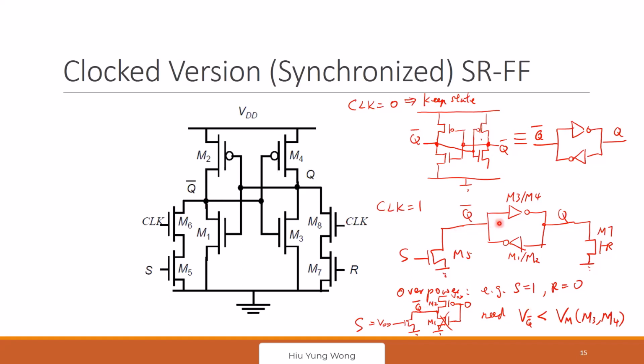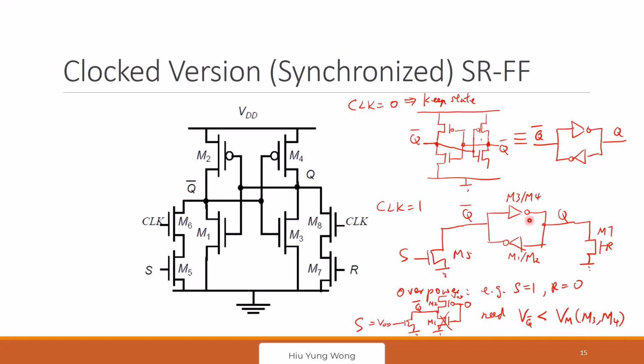So when I try to change this content, I need to pull down the potential. How do I pull it down? Just a potential divider. So I need to make this strong enough so that I can make Q bar, which was 1, to be less than the Vm of M3 and M4, because this Q bar is fed into M3 and M4. Once it's less than the Vm of M3 and M4, then I will be able to switch the output, right?